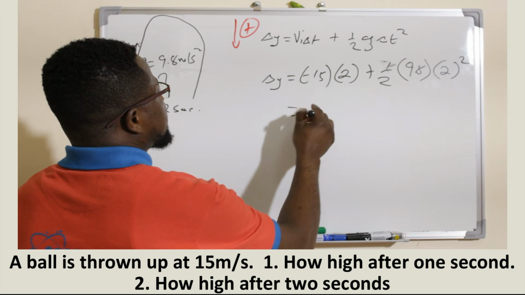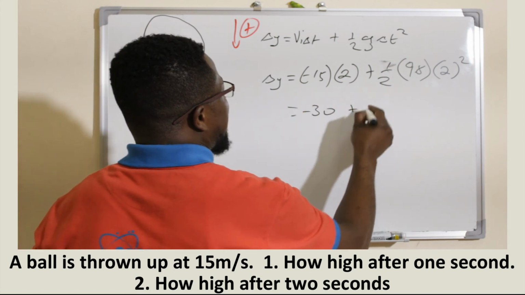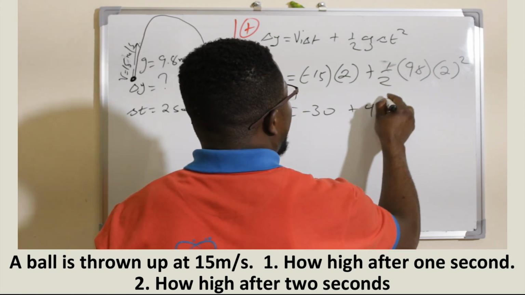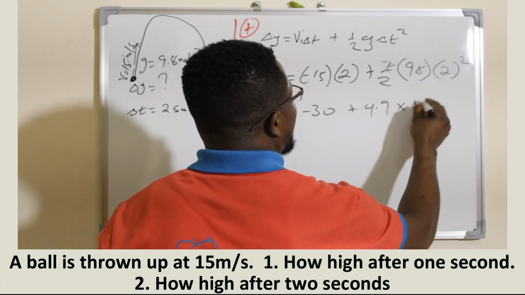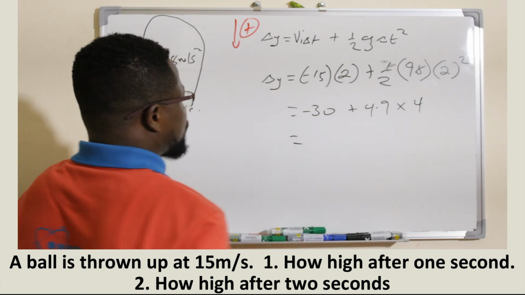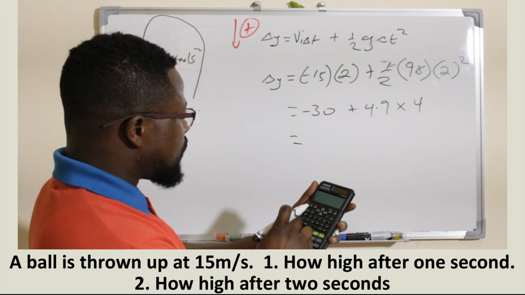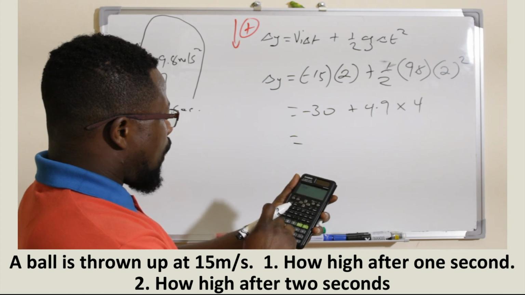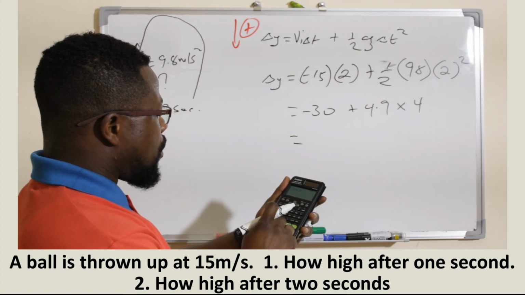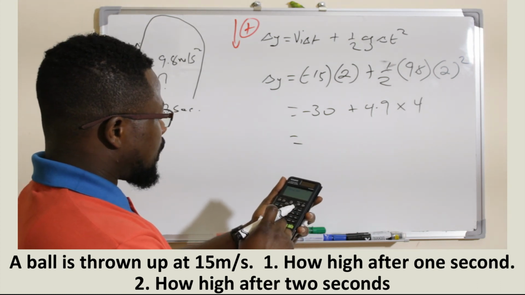If I do this, I'm having negative 30 plus 4.9, and I'm going to multiply that by, when I square 2, I'm getting 4. So let's punch that into the calculator: negative 30 plus 4.9 multiplied by 4.